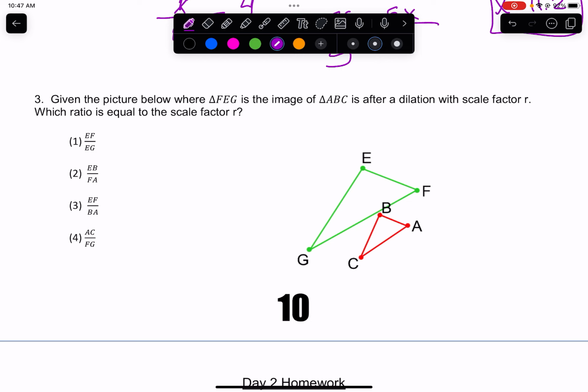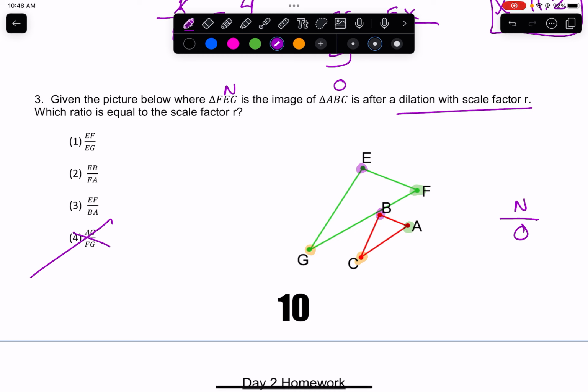So we have a dilation with a scale factor of r, which is equal to the ratio. Here they're asking how would you determine the scale factor? So you would have to look and see what corresponds to what. Right? So this is our new, this is our original. So we would need a new side over an old side that is corresponding.